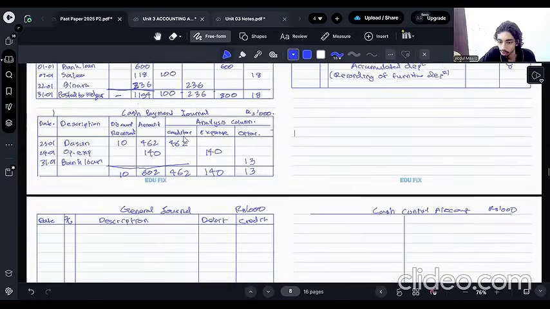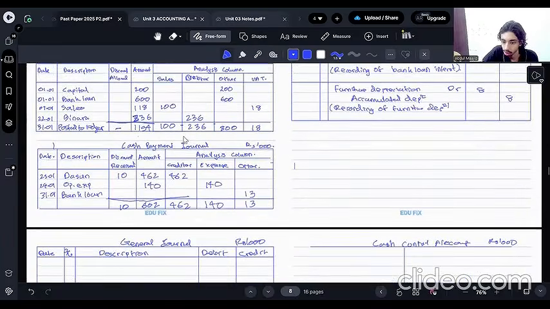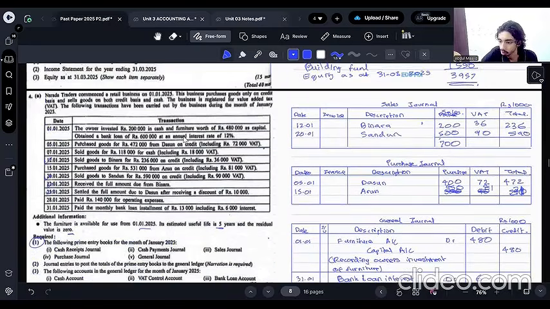You're supposed to say here also 31st of Jan, posted to ledger. Then here also you're supposed to say 31st of Jan, posted to ledger. Okay. 90 plus 36, that is 126. 236 plus 590, 826.